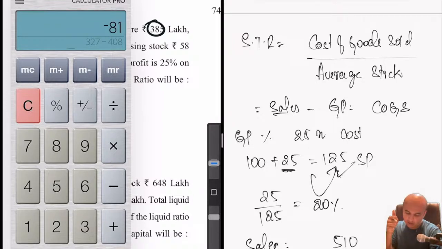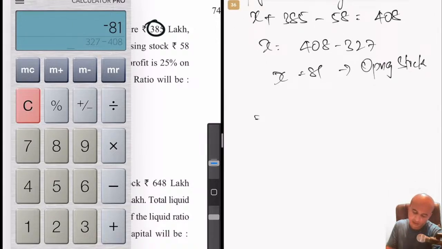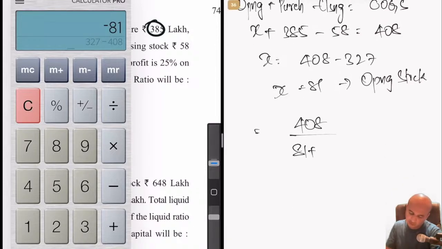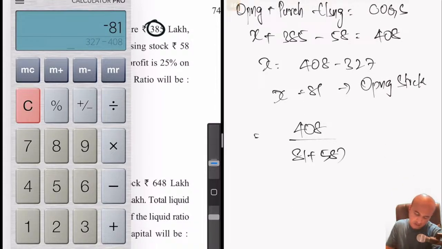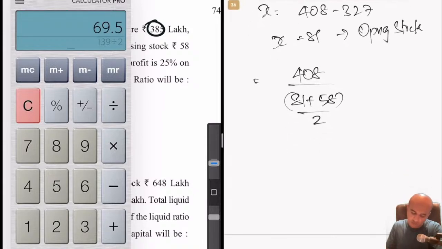Cost of goods sold is 408, divided by 81 plus 58 by 2. So 81 plus 58 by 2 is 69.5.